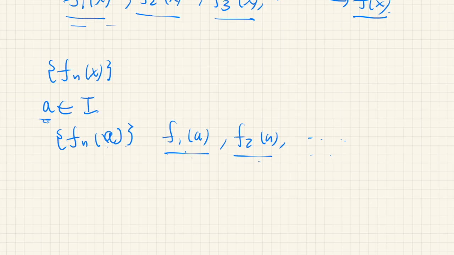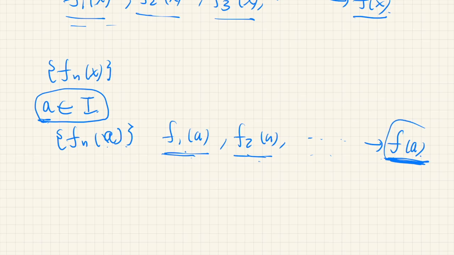So since this is just a sequence of numbers, we can define the convergence, if it converges, to some number that we define as f of A. Okay, so for each point in the interval I, if this sequence converges to some value which we define as f of A, then we say this sequence of functions converges pointwise to this function f of x. Okay, so pointwise convergence.